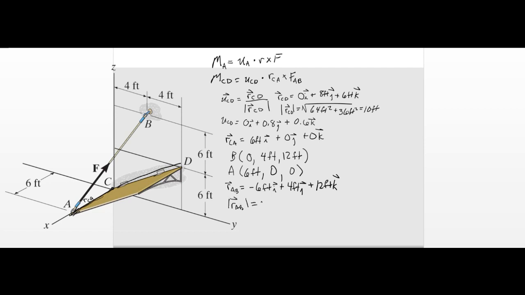So this is equal to the square root of 6 squared, 36 feet squared, plus 4 squared, 16 feet squared, and then plus 12 squared, 144 feet squared, which is equal to 14 feet.